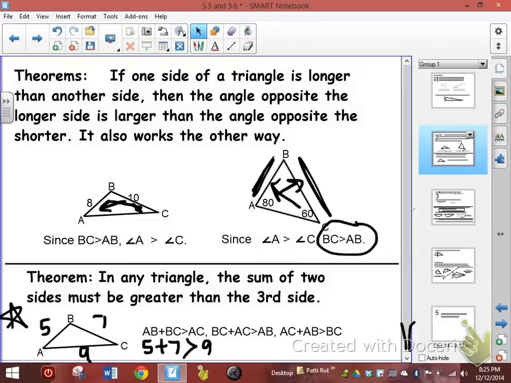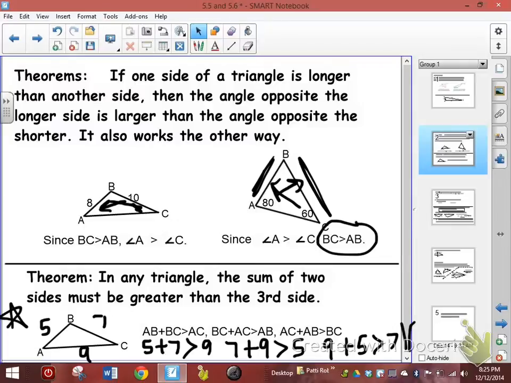But you have to do every combination. So the next one would be 7 plus 9 has to be bigger than the 5, which it is. And then the last combination is the 9 plus 5 has to be bigger than the 7, which again, it is too.